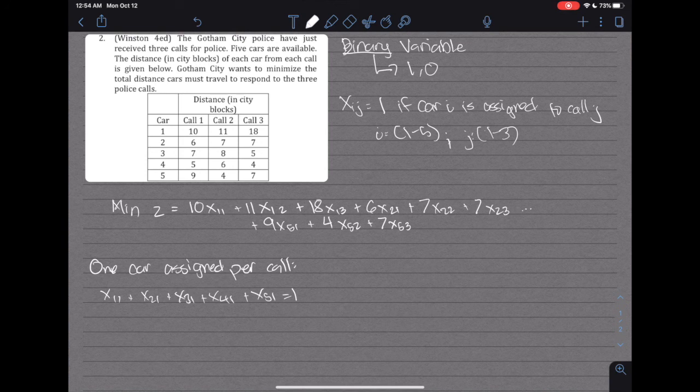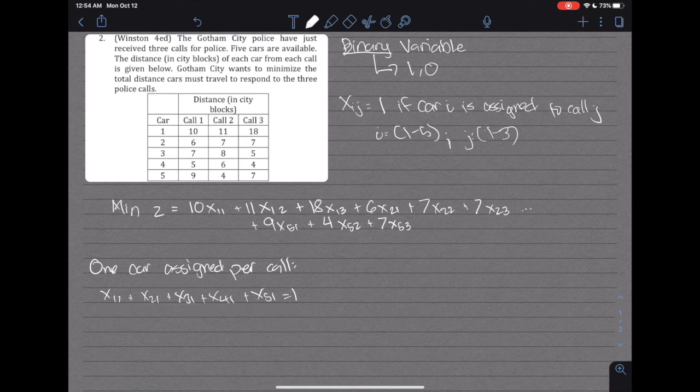So if x11 becomes a value of 1, given the constraint should be equal to 1, all the other values will then be equal to 0, meaning that if car 1 is assigned to call 1, cars 2, 3, 4, and 5 will no longer be assigned to call 1. Similarly, if x21 gets the value of 1, all the other values will be equal to 0, which means that all the other cars will not be assigned to call 1.